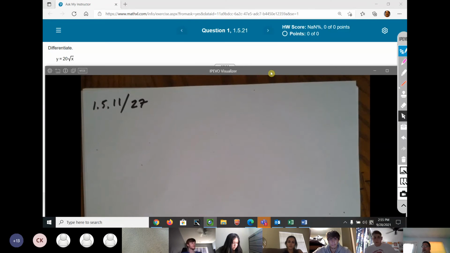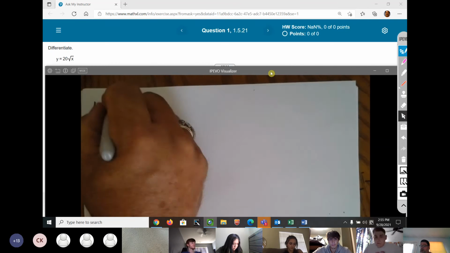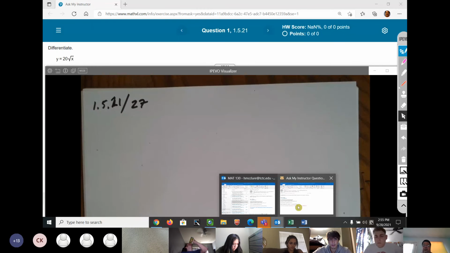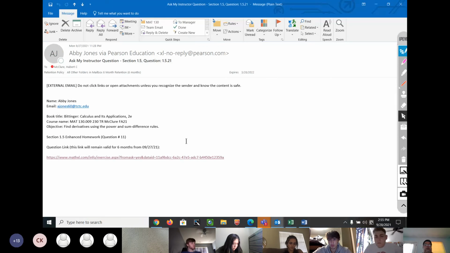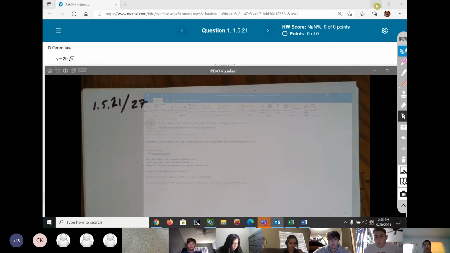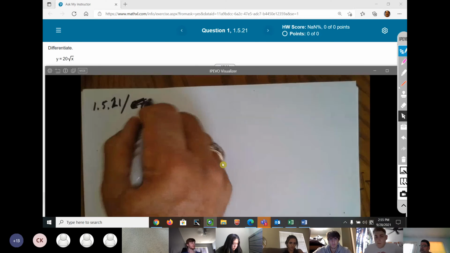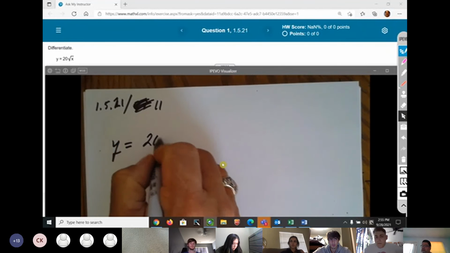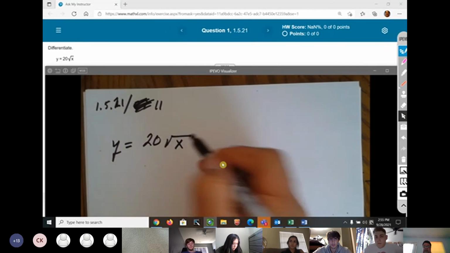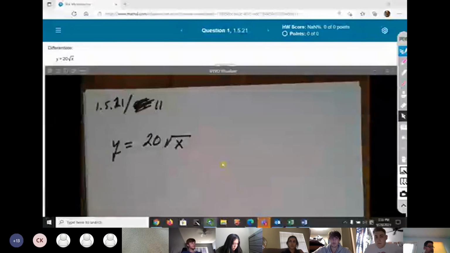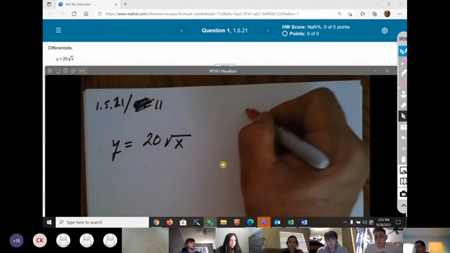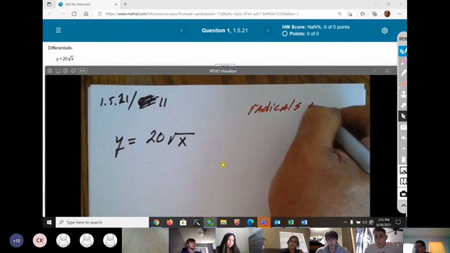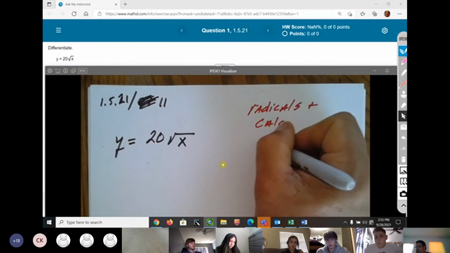I forgot what number it is, but it's 1.5 21/11, y is equal to 20 times the square root of x. And what does not mix with calculus? Radicals and calculus do not mix.